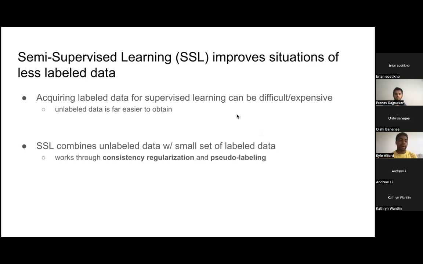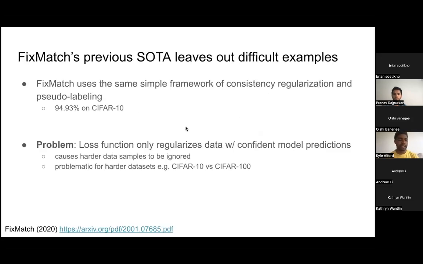For example, in computer vision, this would be different augmentations, trying to maximize the similarities between different augmentations of the same image. The second is pseudo labeling, which is using confident model predictions on unlabeled data as the training labels. Throughout the presentation, I want to keep these two terms in mind because they come up rather frequently.